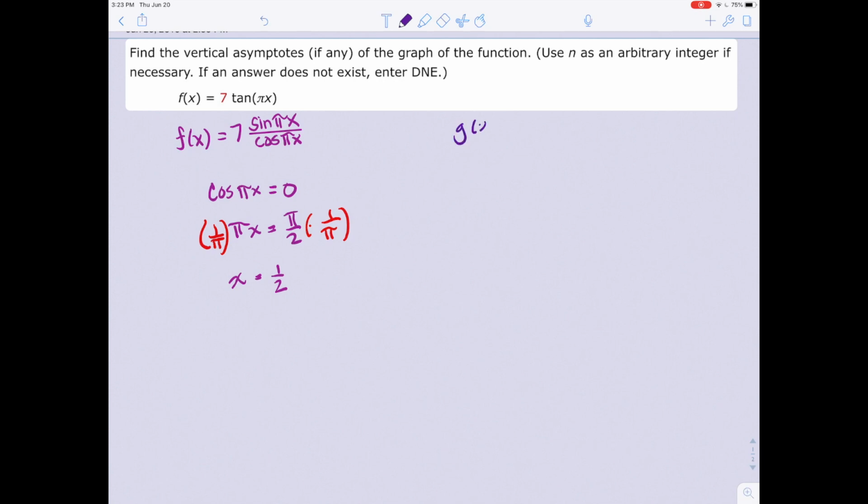Call it some g of x equal to a times tangent of bx minus c, and then plus d. And so these things all do have different jobs.